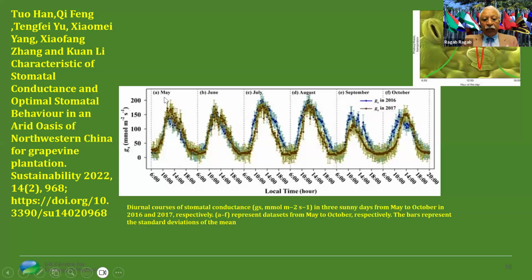Here is the season from May to October. And you can see here the stomata is changing from the beginning of the season to the end of the season. This stomata conductance and resistance varies during the day and also during the season. That actually made it difficult for some academics and practitioners to apply the original Penman-Monteith equation.